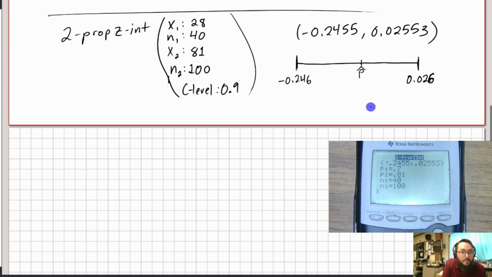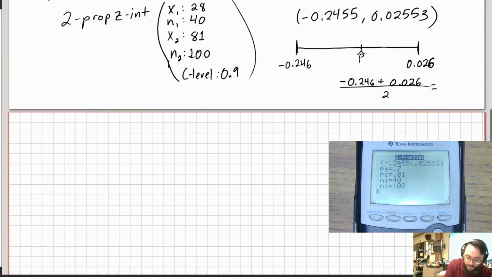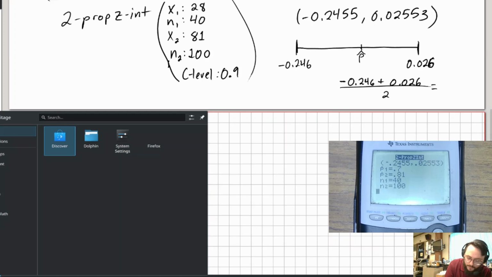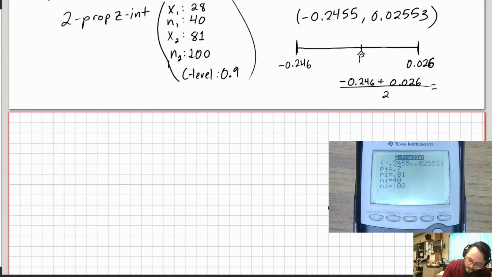Well, how do we find the middle number between two values? Find the average. Right? Add them together, divide by 2. And you will find that you get negative 0.11.